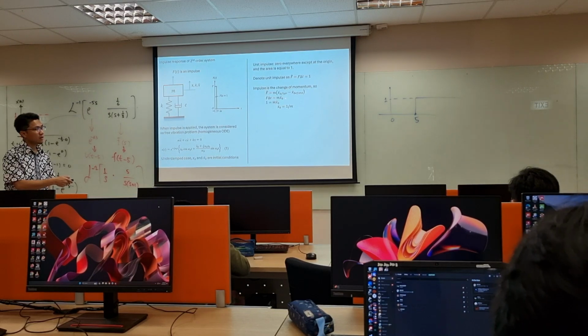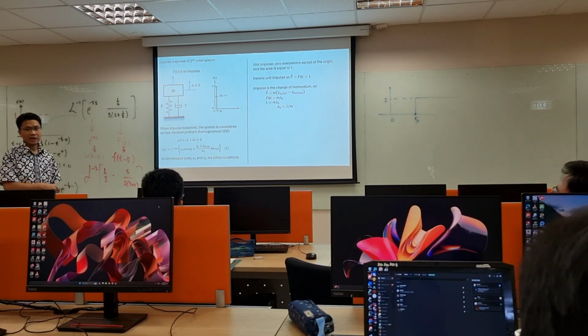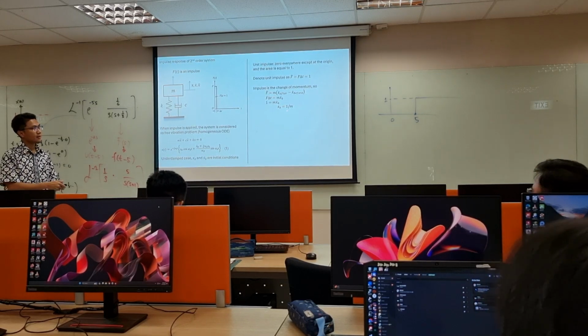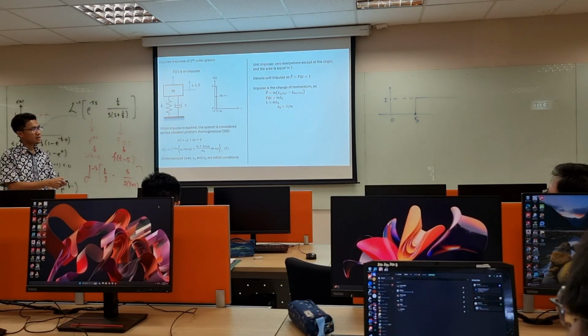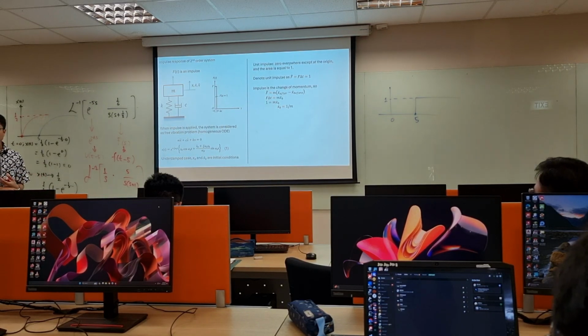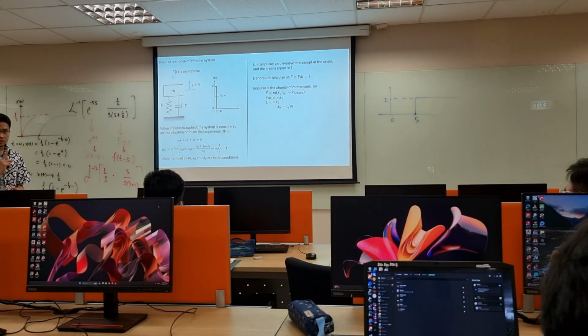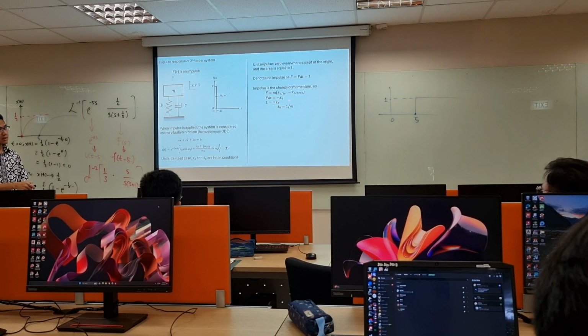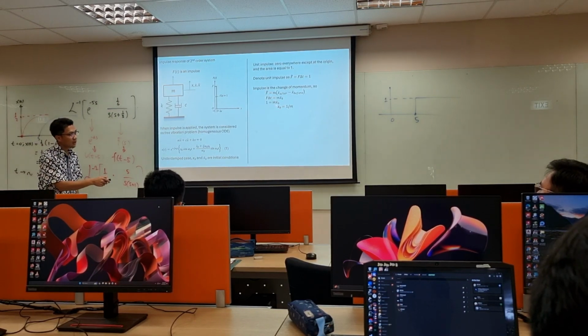So m x dot is just m x dot after. Since F delta t is 1 because of the unit impulse, the area under the curve is 1. On the right hand side is just m x dot 0, so x dot 0 is just 1 over m. So we replace 1 over m to here.